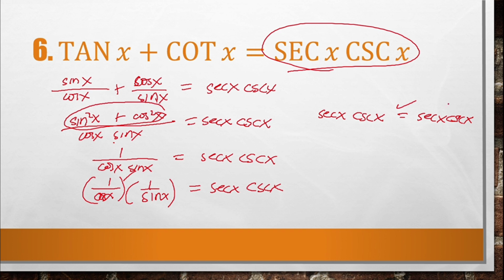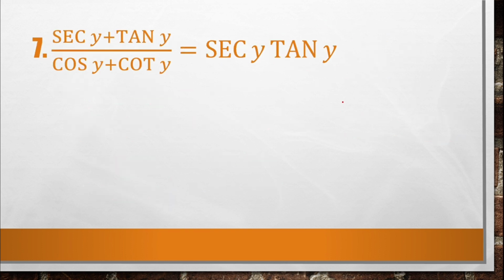So prove the identity. Therefore number 6 is an identity. Number 7: sec y tan y over cos y plus cot y is equal to sec y tan y.